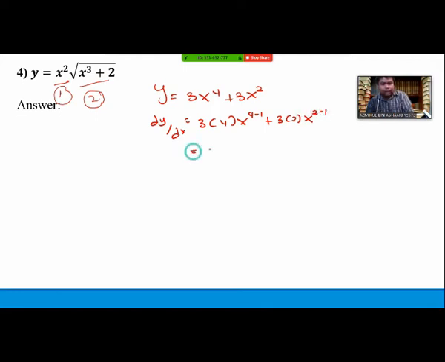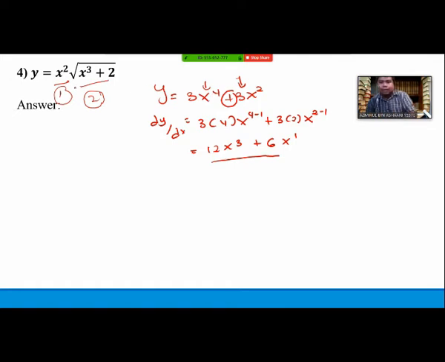So you will get 12x power of 3 plus 6x power of 1. If it is like this, you have x, but they are not multiplied. It doesn't multiply with both of them. They have something like this one, plus. So you can do that one by one. You can differentiate one by one.